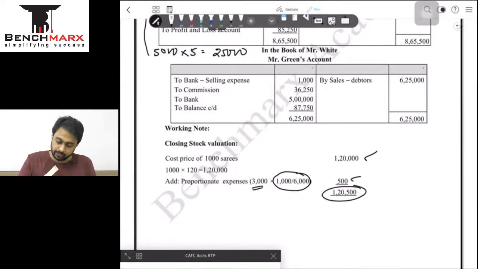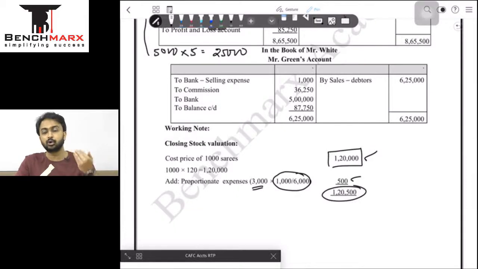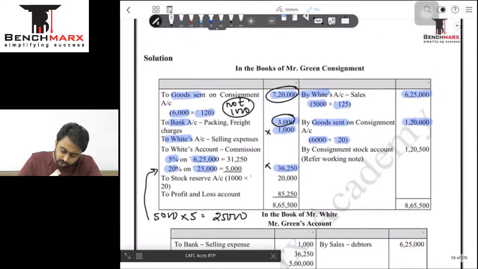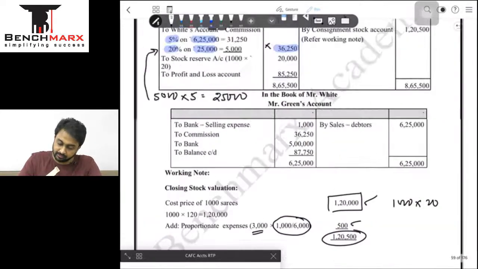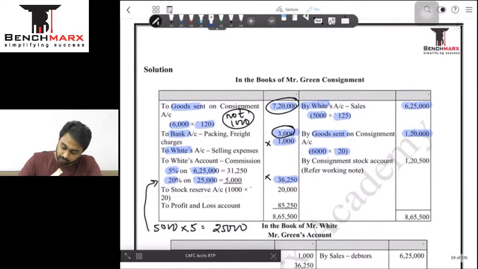So this is 120 being the invoice price, we have discussed this, and 3,000 ka proportionate expense will also be taken. So 120,500 appears to be the value of stock, and ye stock ke andar 120 ke upar loading content baitha hua hai. Loading content was 20 rupaye ka, so 1,000 sarees ke upar 20 rupaya appears to be 20,000 is the loading content. So 120,500 will come here as stock, and 20,000 will come here as loading content.